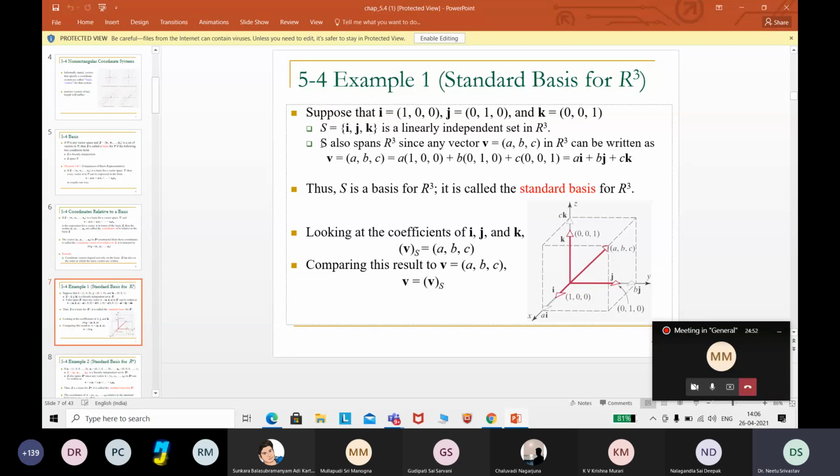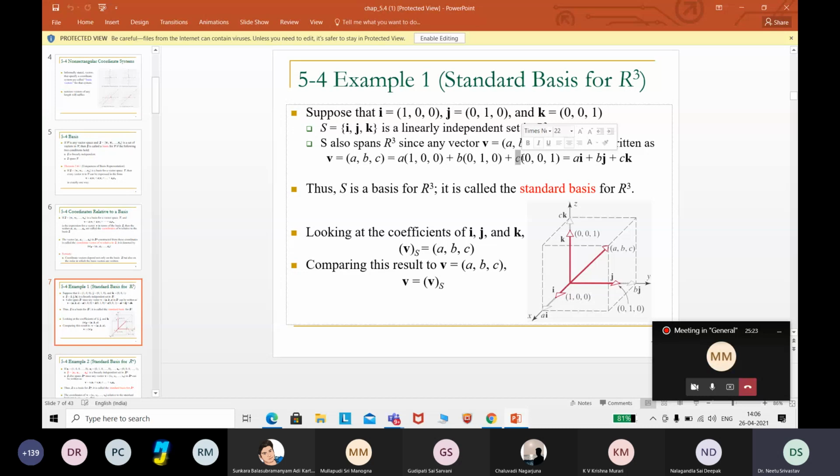Similarly, S also spans R3, correct? So how will you say that it is spanning R3? Because you just take one vector ABC and equate it to the combination of IJK. When you equate, just see what you are getting: all coefficients are A, B and C. You write C1, C2, C3.